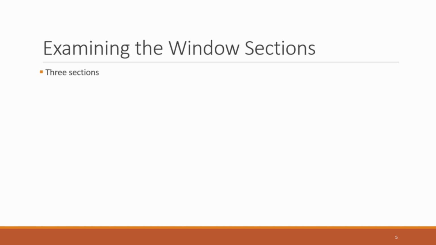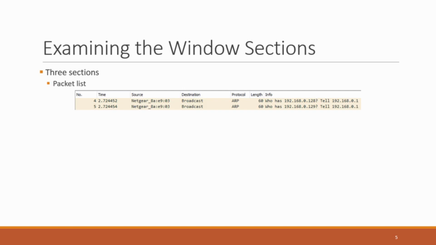So there's 3 main sections of the windows. We have the packet list. As you see here in the image, this packet list is showing you the source of the packet, the destination of the packet. So it starts in the far left corner with the number, and then self-explanatory, the number of the packet in the trace.